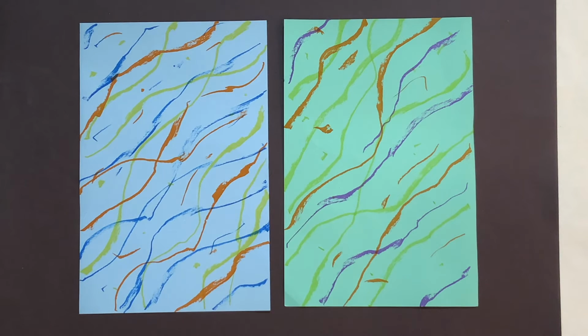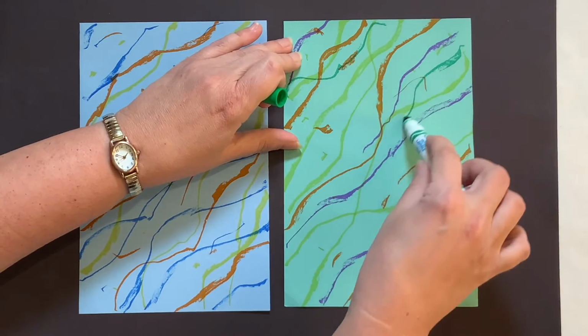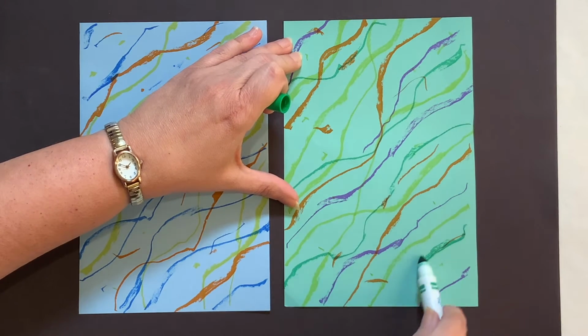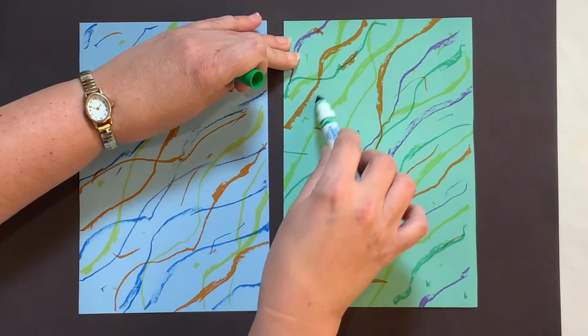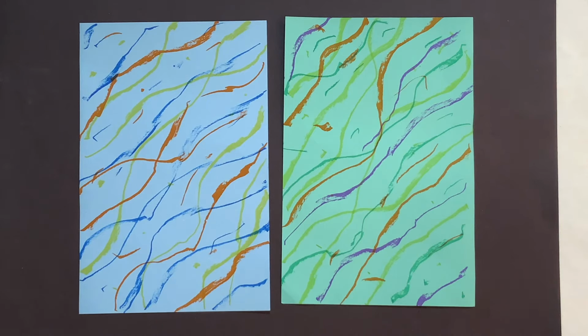Give it that marble look. And here's the green. I'll put a little more green. This is the fun part. All right, so that's my two little pieces of paper that look like marble.